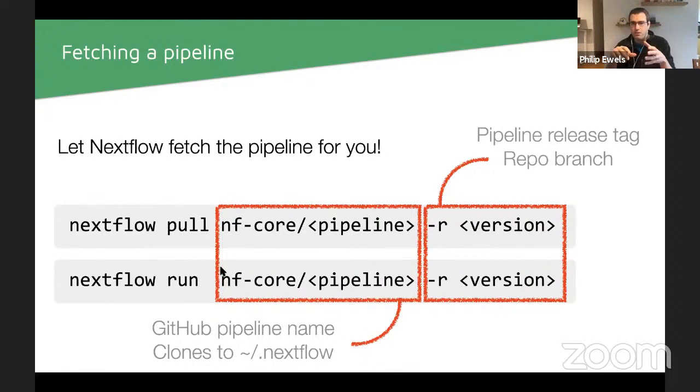And because the code specifies the software container, which is a tagged software container, the software will also be exactly the same. So in theory, it should be basically perfectly reproducible. If you don't use -r, it will still run. It will just try and pull the most recent version on the default branch, which is usually master, which is usually the latest release.